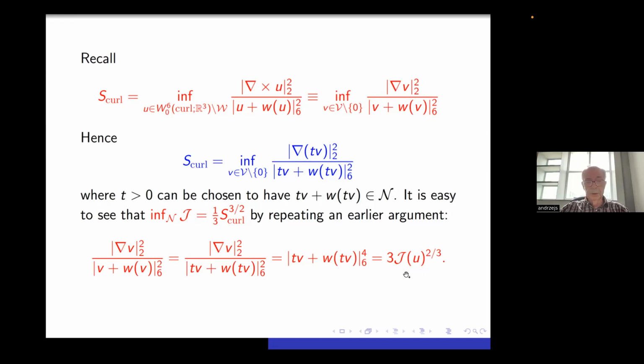So what remains, well, here, if one takes the infimum, we get S curl. And if the infimum is achieved, we will get a solution to the curl equation.